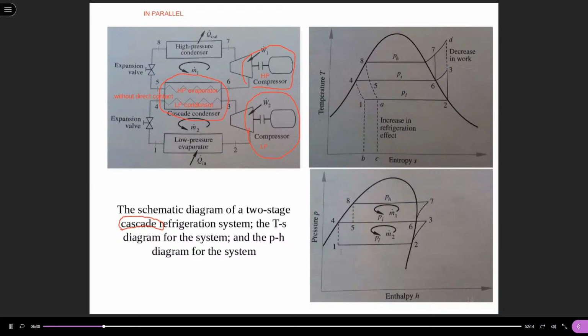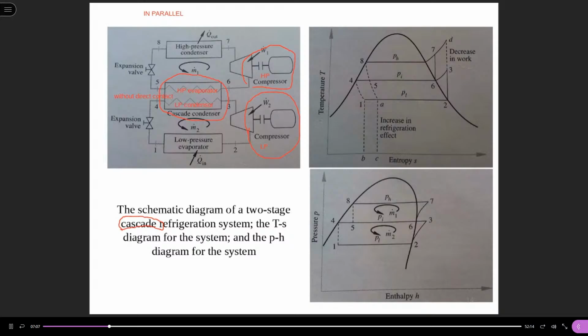Therefore, the working fluids or refrigerants can be different, so we can use different refrigerants in the cycle.